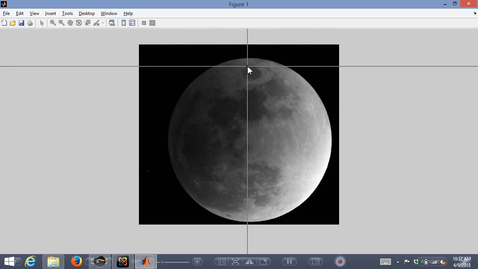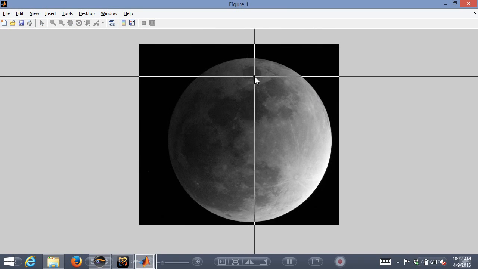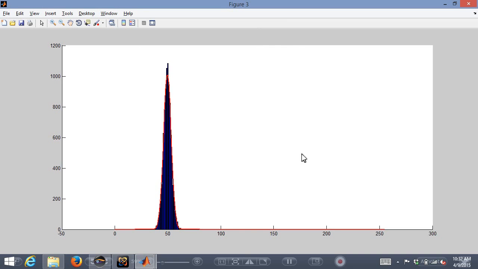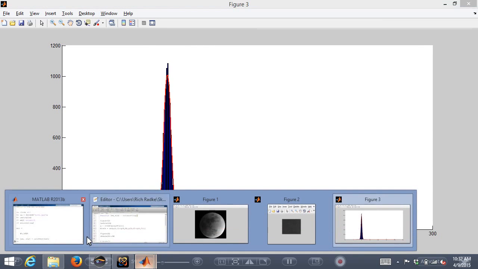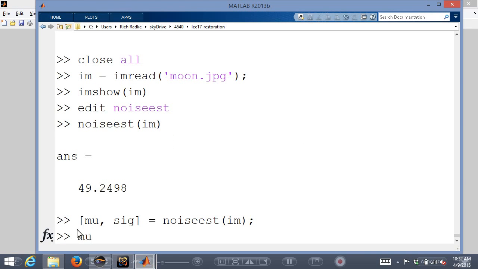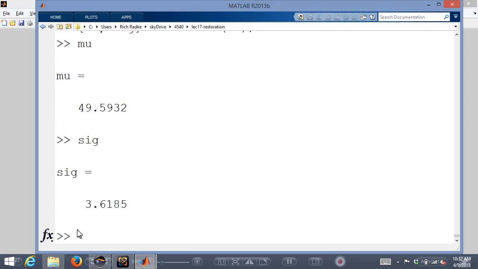So let's do this again. Here it is again, mu and sig. Okay. So this tells me that the mean was about 50, which means that was probably the true underlying intensity of that piece of the moon. And then the variance is 3.6, or the standard deviation is 3.6. That tells me that's basically the width of the Gaussian that was added.